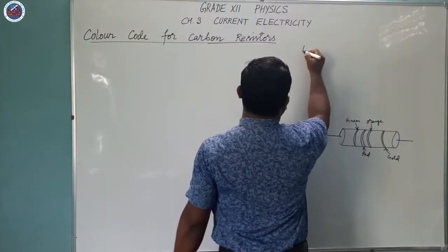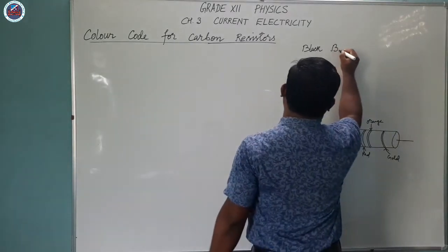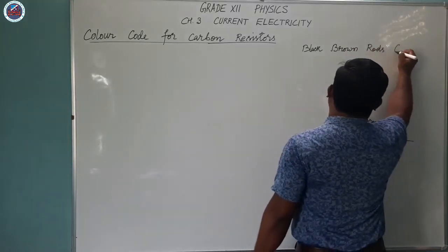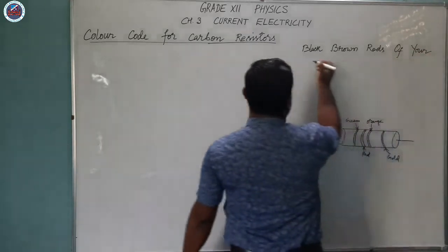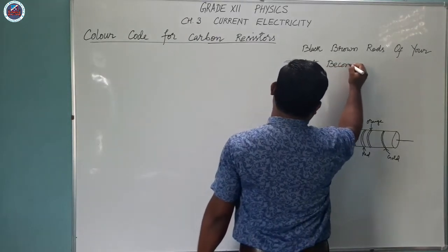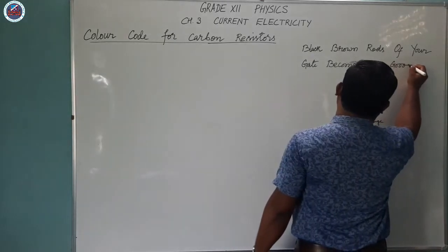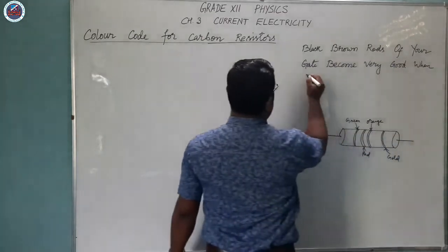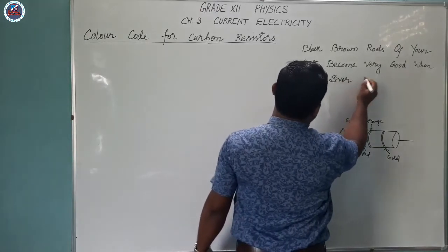I'll write down here: black, brown, rods, of, your, gate, become, very good, when, given, silver, color.